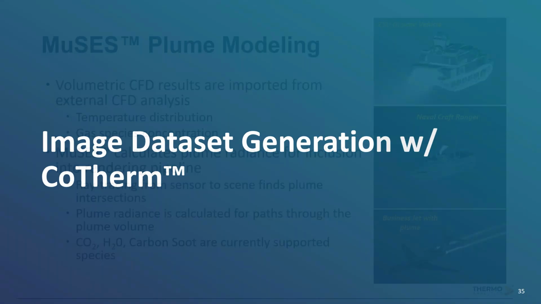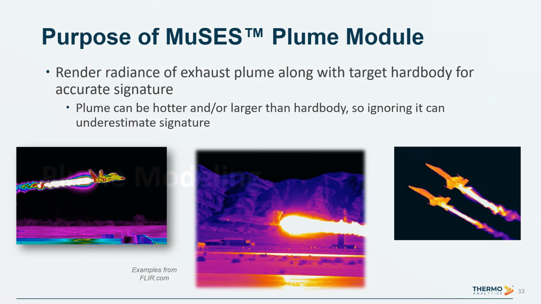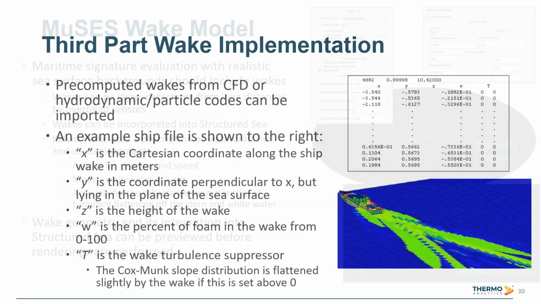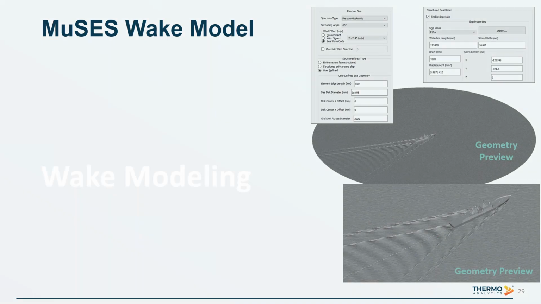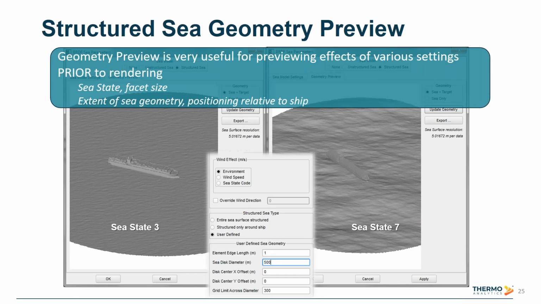I can't give you an exact answer, but I've rendered stuff before, and it tends to take less than a minute. Obviously, if you have all the atmospheric effects selected to take into account, it depends on how much of a structured sea and a wake you need. I can look into that a little bit more and answer that better, but it's less than a minute for sure. Okay, thank you.